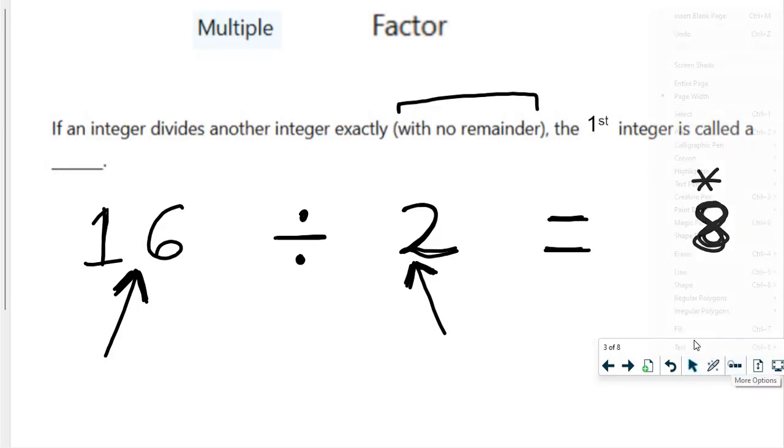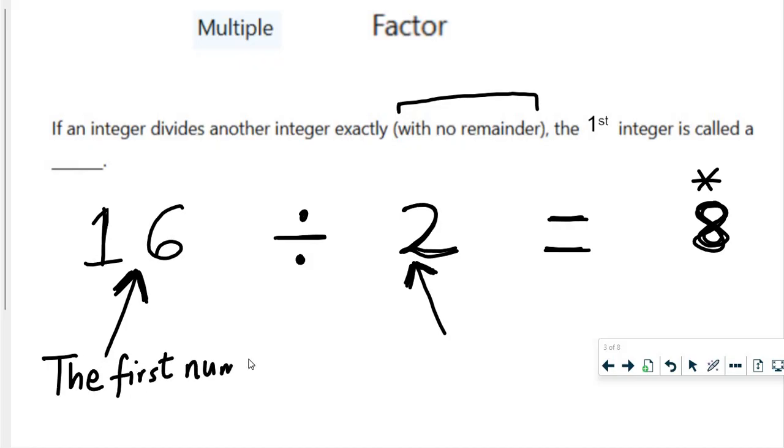I repeat, the first number is known as a multiple. The first number is a multiple.